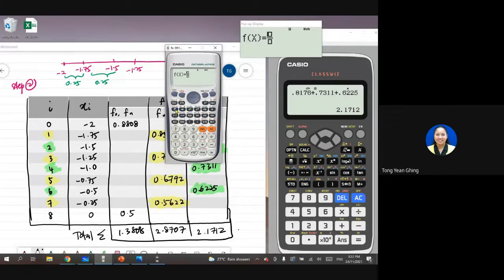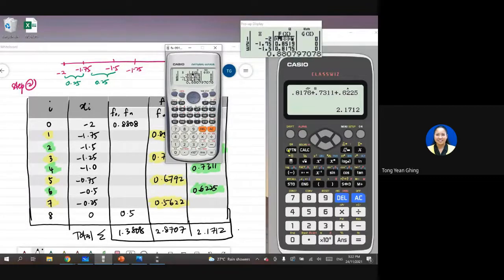So key in the function just now, 1 over 1 plus shift ln alpha x. So you press equal to, and it asks you g(x) equal to 0, start from -2 and 0 with the step size 0.25. So we'll get the same one.